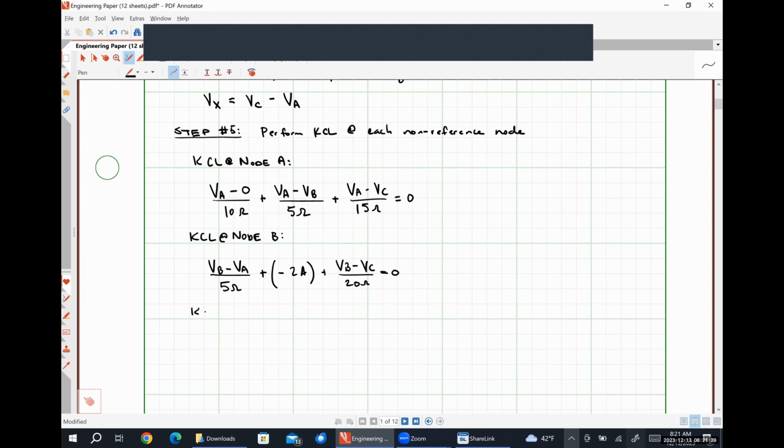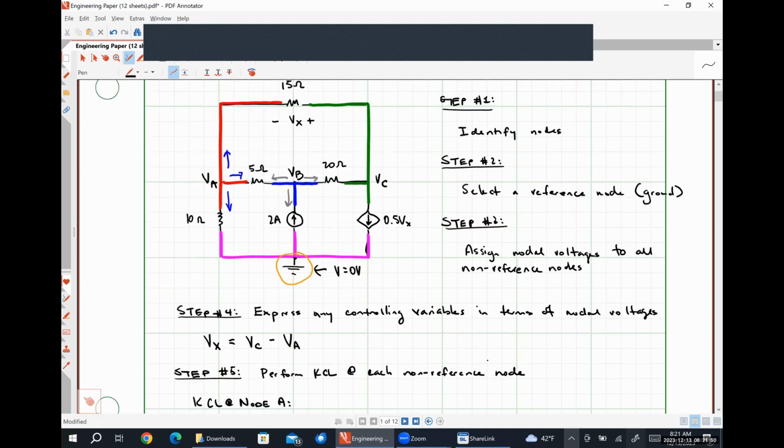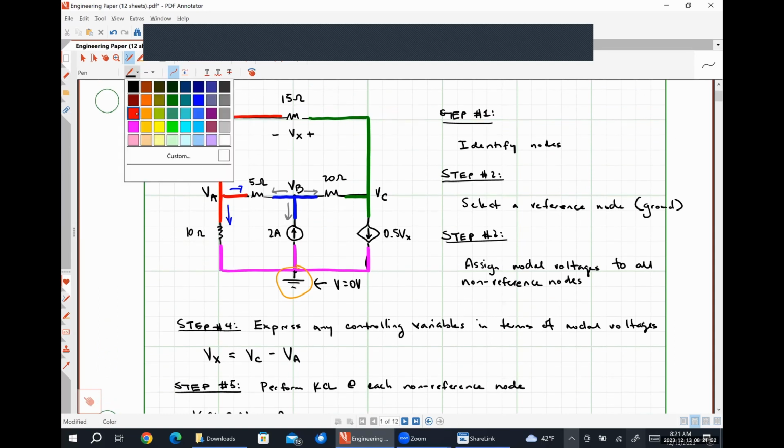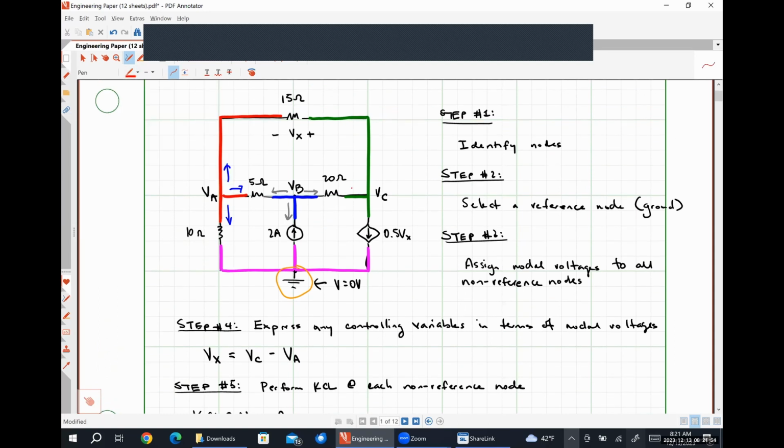So now we have KCL at node C. At node C, I'm going to have this current flowing to the left, this current flowing down, this current flowing up.